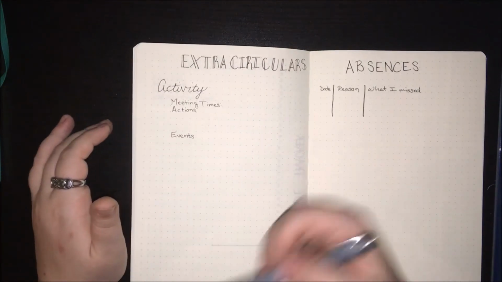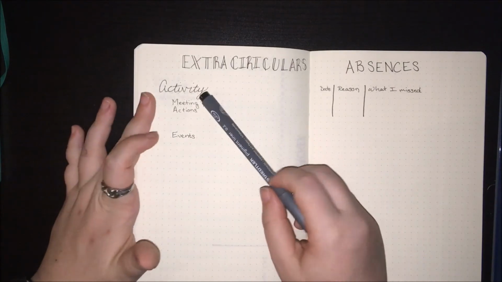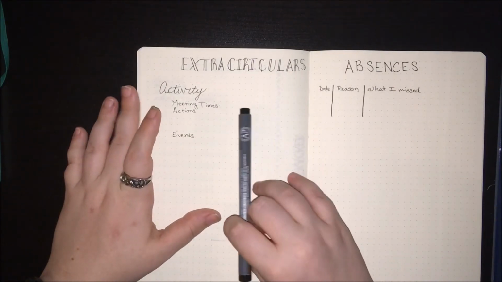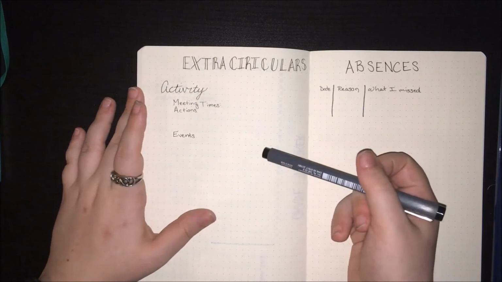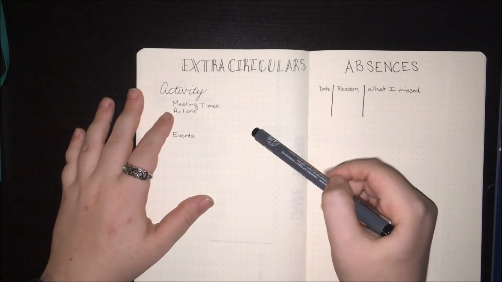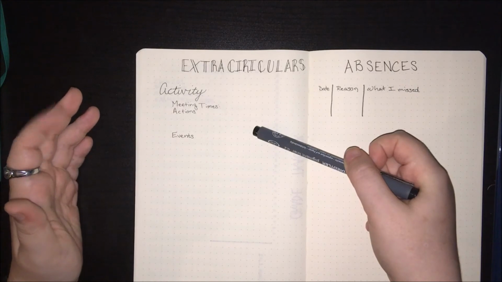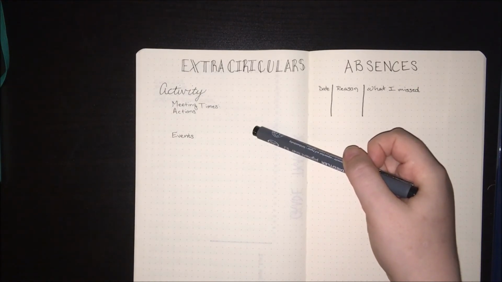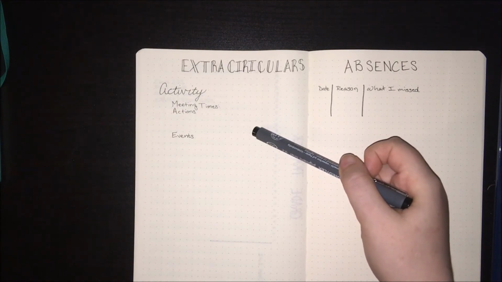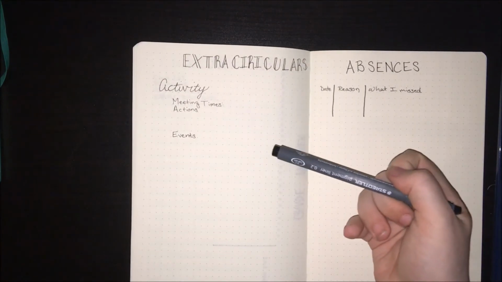For example, let's say you're involved in the orchestra. Well, you want to write orchestra. Your meeting times are whatever your practices and rehearsals are. Actions could be practicing, making reeds, tuning your instrument, regular maintenance and care, keeping track of your sheet music, making copies of sheet music.